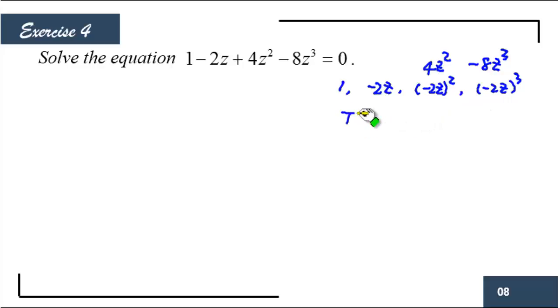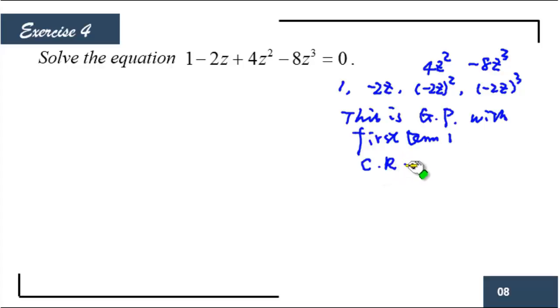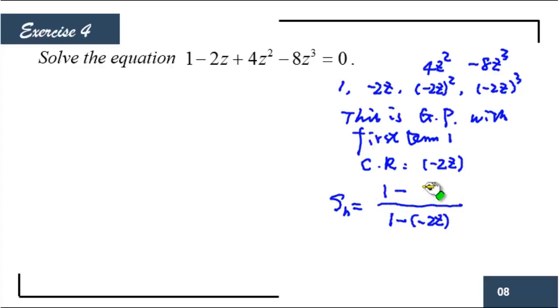So this is a GP with first term 1 and common ratio negative 2 times z, and the sum of this sequence is first term minus last term times common ratio, over 1 minus common ratio. So the problem we can describe this way.